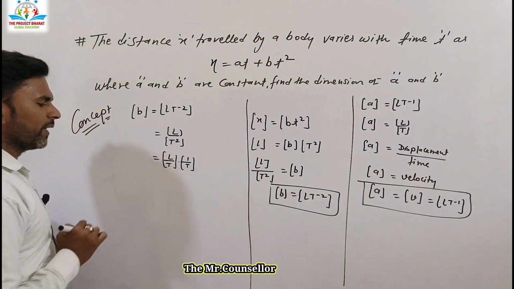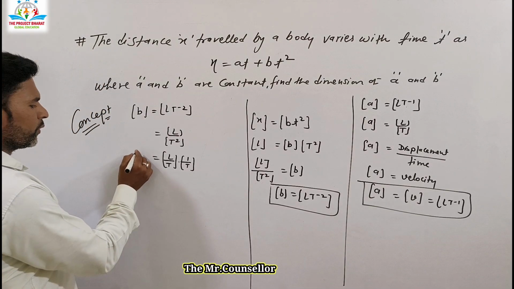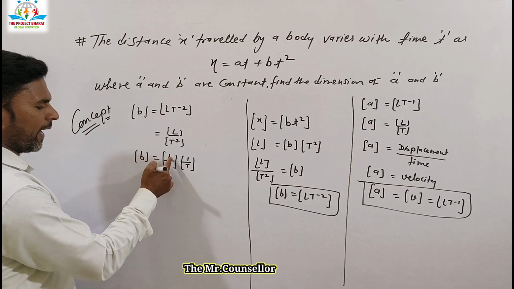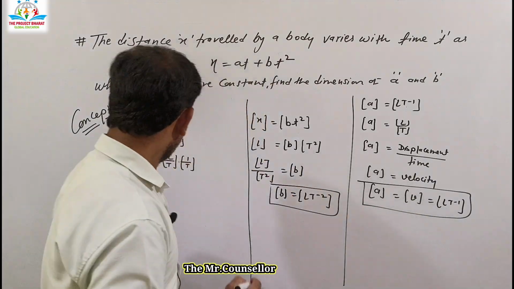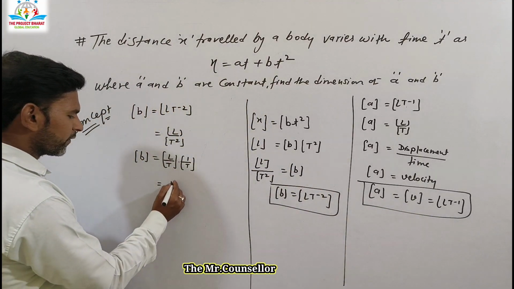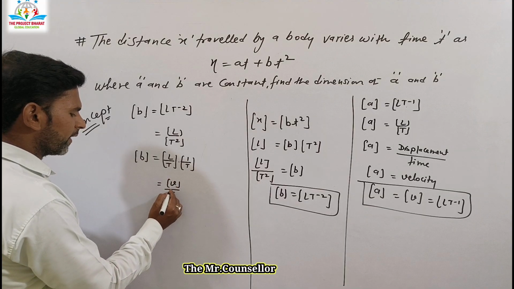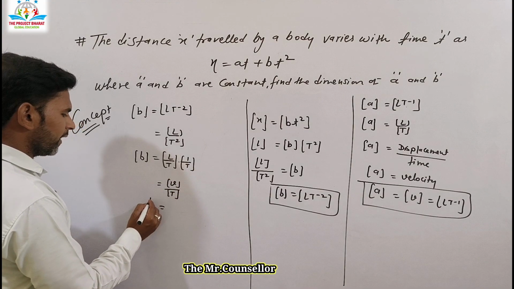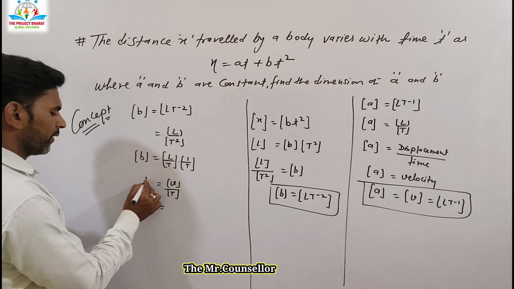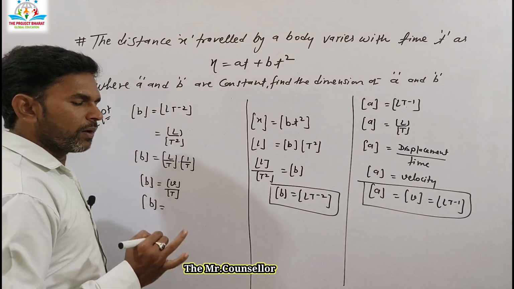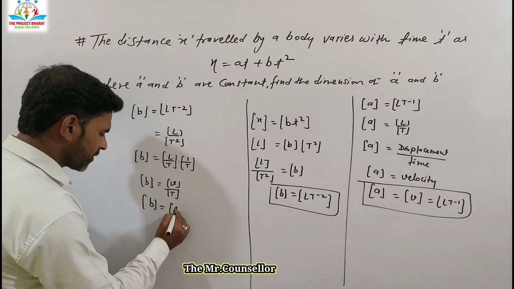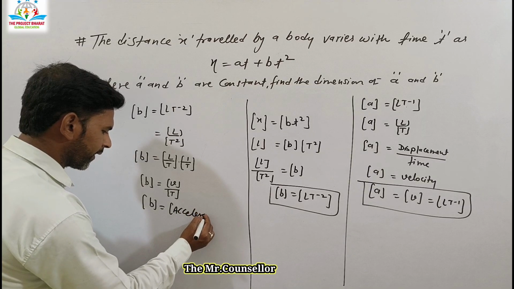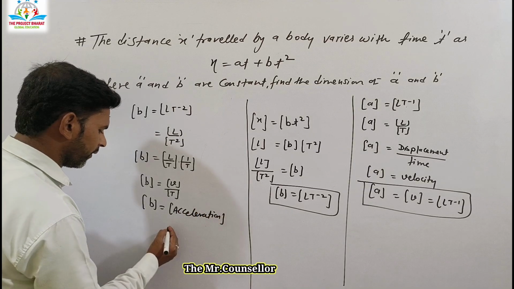If I write it like this, L upon T indicates velocity, and downside there is time. So velocity upon time, you know very well, means acceleration.